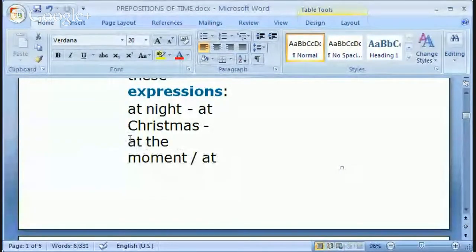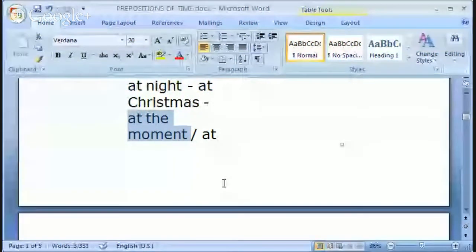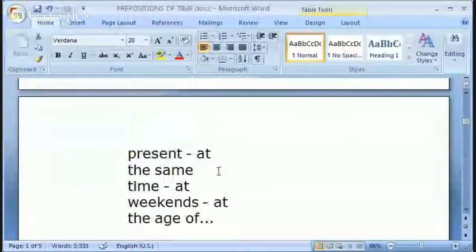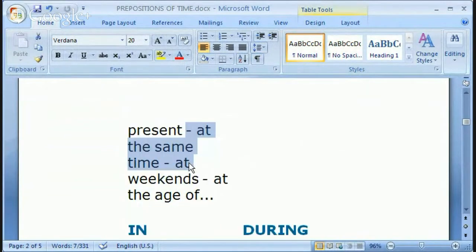We also use at for such expressions as at the moment, meaning now, this moment, which is basically specific, at present or at the same time. At weekends. This is what the British say, at weekends.